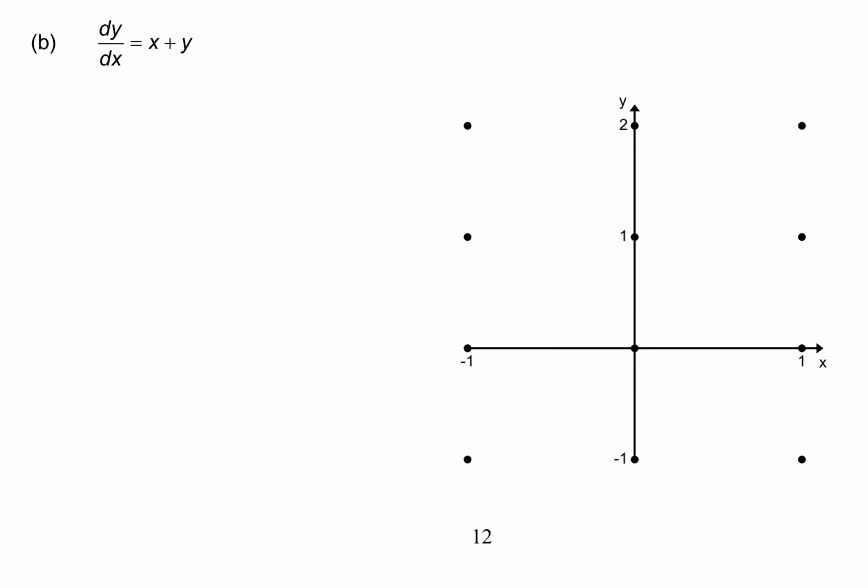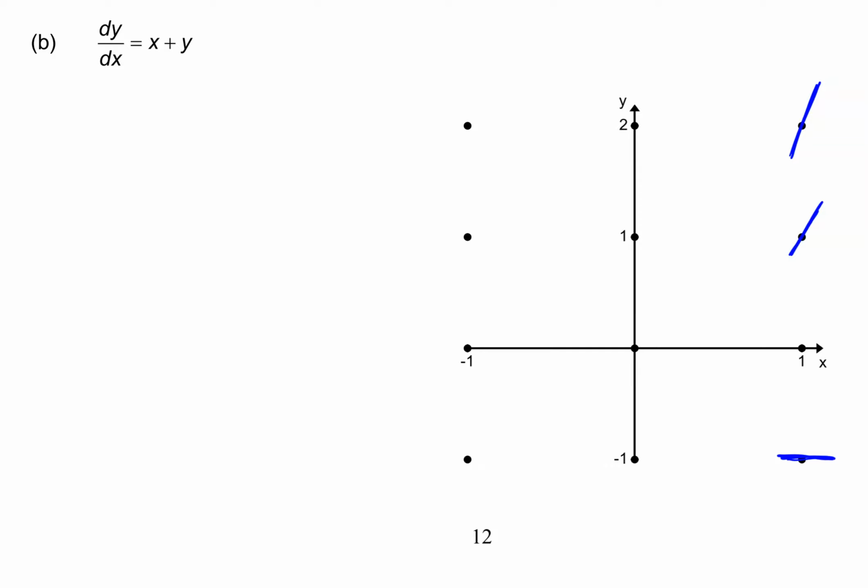So let's pick 1, 2. All you have to do is add it together. So it's a slope of 3, so it's really steep. If I pick this point, 1, 1, you're adding them together, it's going to be still steep, but not as steep as the top one. And then 1, 0 has a slope of 1. And then you have 1, -1. When you add it, it's a slope of 0.